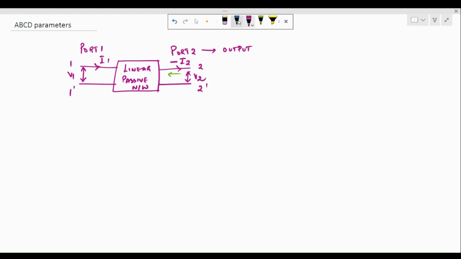So we'll have the V1 and I1, the input voltage and input current, the parameters A, B, C, and D, and we'll have the output voltage and output current.